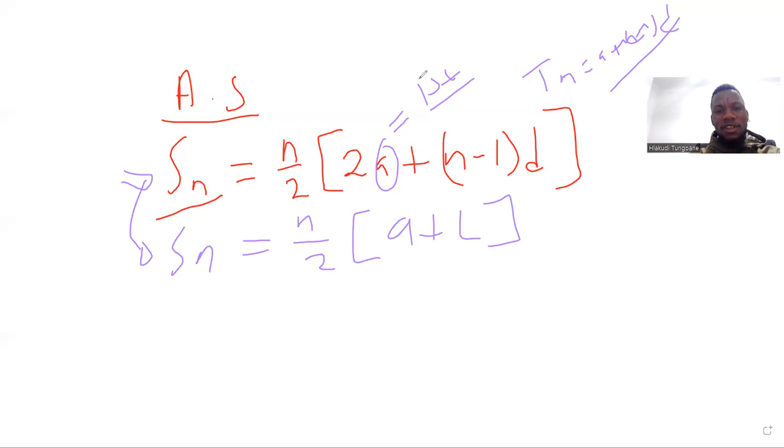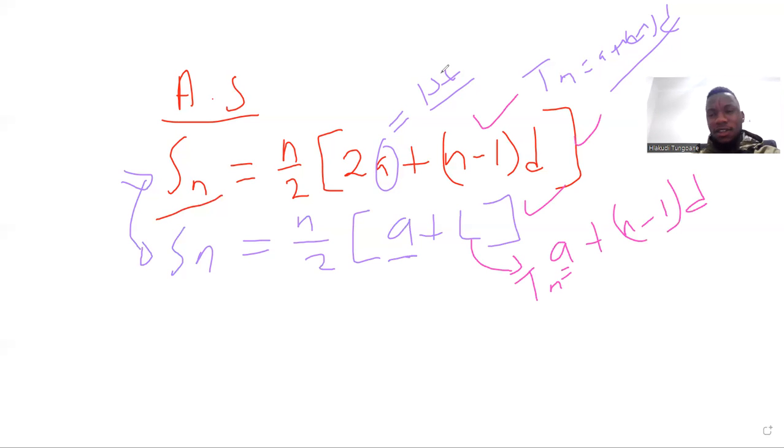In this formula, a is the same as before, and l is the last term in a sequence. That last term is noted as the general term formula, so essentially l is Tn. Either you can use this formula or you can use the other one. I prefer using the first one because it applies under all circumstances.